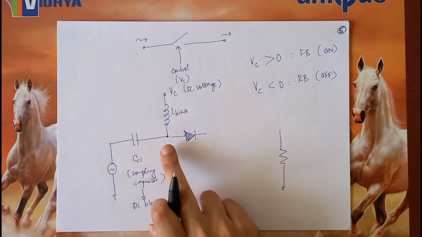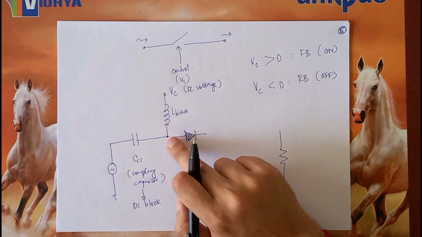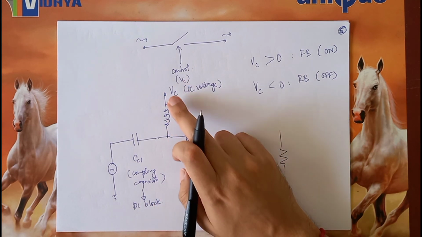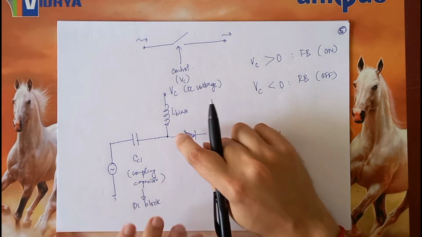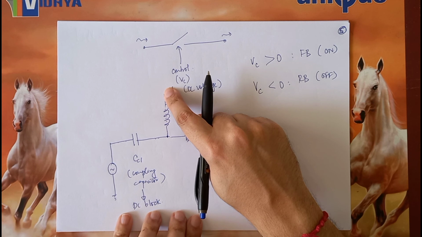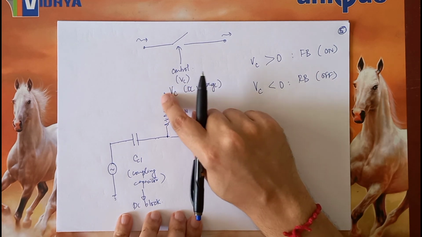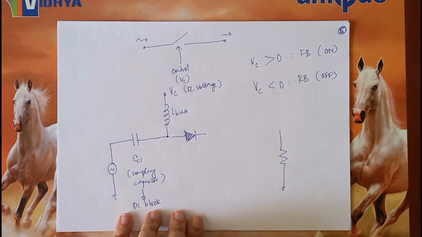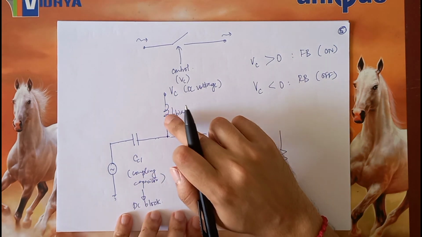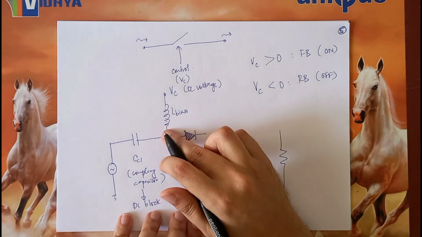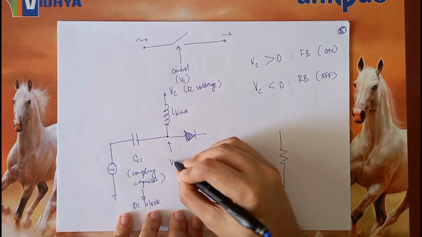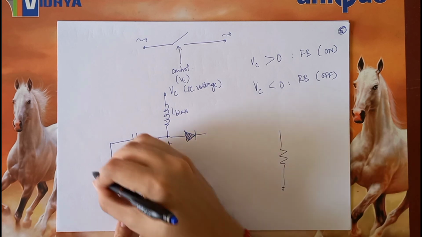Right? So effectively at this point what will happen? The DC will come as it is, because at zero frequency the inductor will act like a short circuit. But the AC signal cannot come over here because the inductor will give a high reactance or high opposition to the RF signal at high frequency. So this is the way we can have at this point VC plus, let's call this VRF.